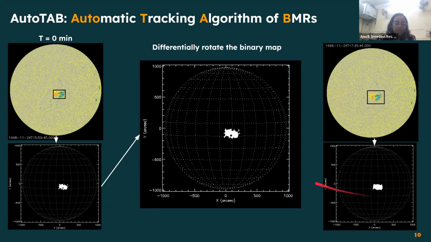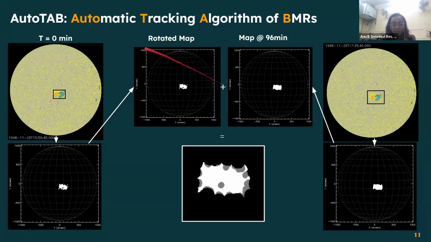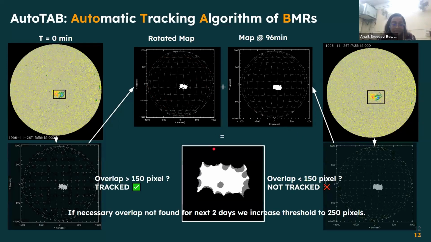Then what I do is I differentially rotate the binary map at t equal to 0 with respect to t equal to 96 minutes. Then I check for the overlap between the differentially rotated map and the map at 96 minutes. If the overlap is greater than 150 pixels, then I consider the BMR as tracked. Otherwise, the BMR is not tracked.